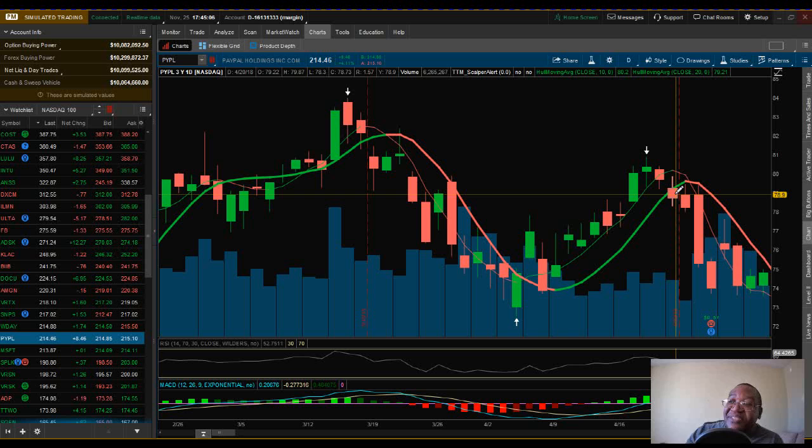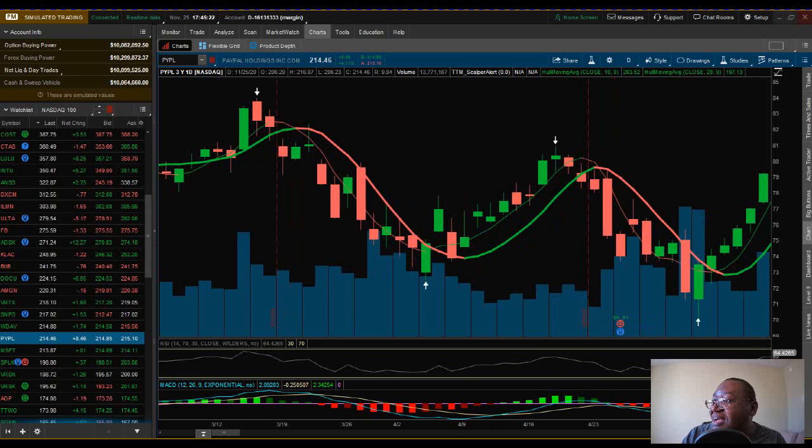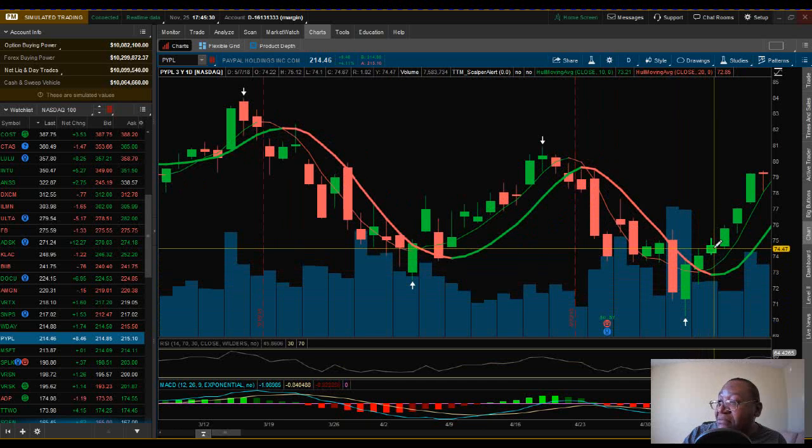So this is just another indicator to confirm whether or not you are making the right decision going into a stock. And then we're going to move again. Look at that. Once again, the TTM scalper alert most likely came from this or this candle, and look at what happens.